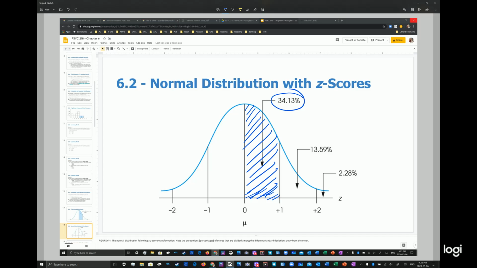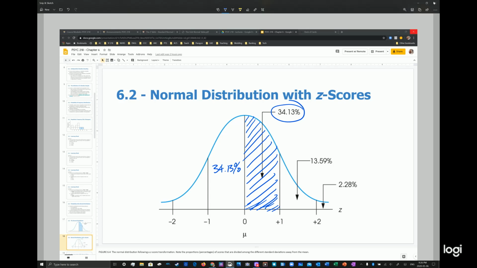And because the distribution is symmetrical, the proportion of scores between 0 and -1 standard deviations away from the mean would be the same, 34.13%. So between -1 and -2 is the same proportion as between +1 and +2, 13.59%.